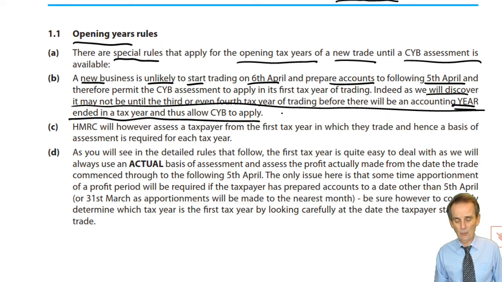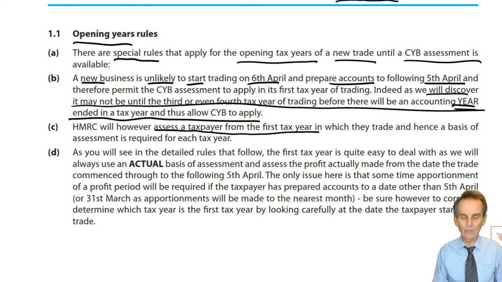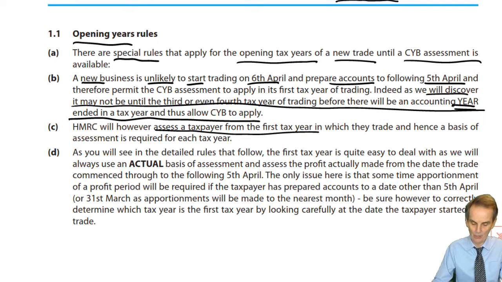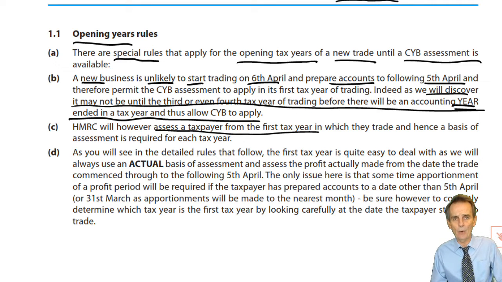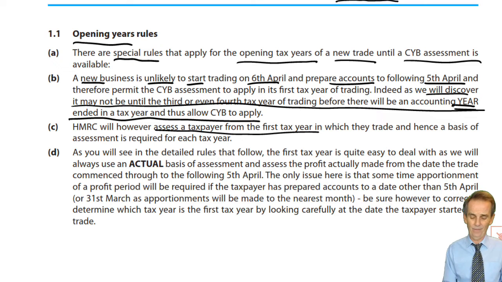As we've said, HMRC don't wait around until you have CYB. They're going to assess a taxpayer for the very first tax year in which they trade, and hence we need to know a basis of assessment for the first tax year and every other year from there on.